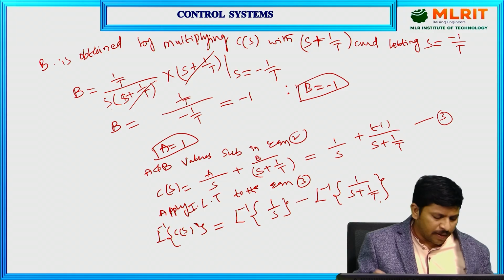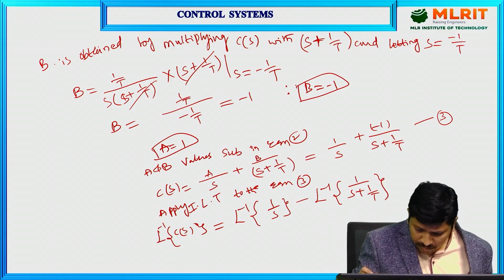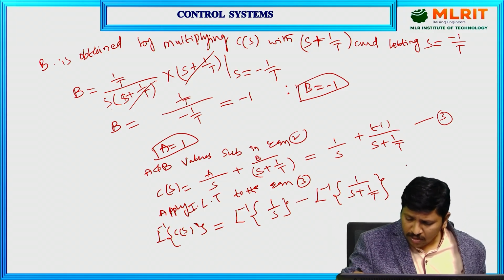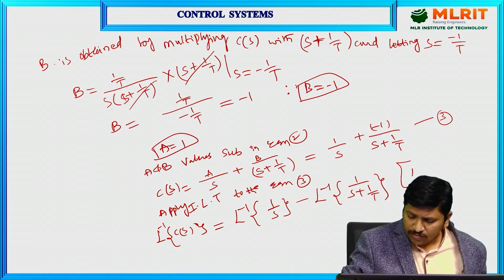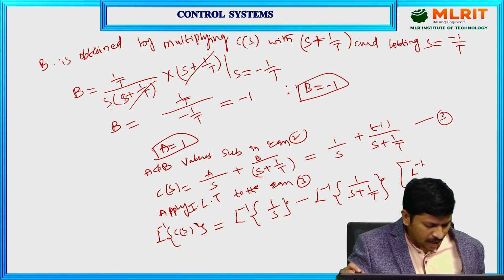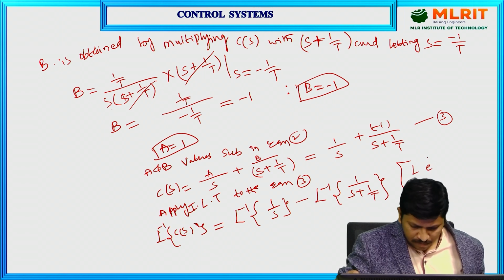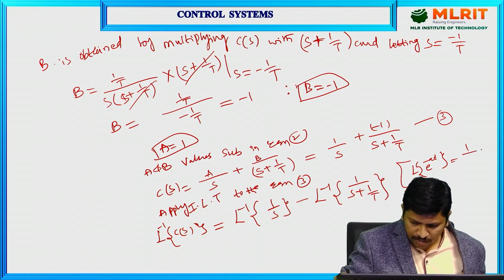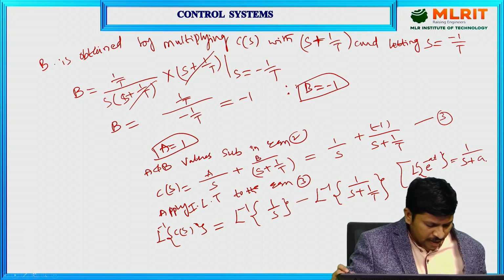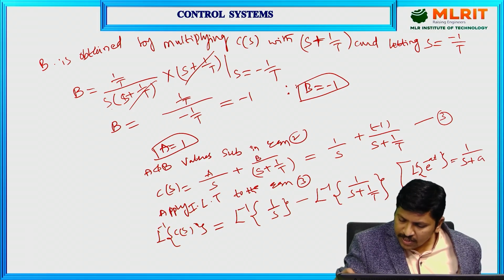You know this formula: Laplace of e power minus at is nothing but 1 by s plus a. Here this is the Laplace; for inverse Laplace, it is just the opposite.